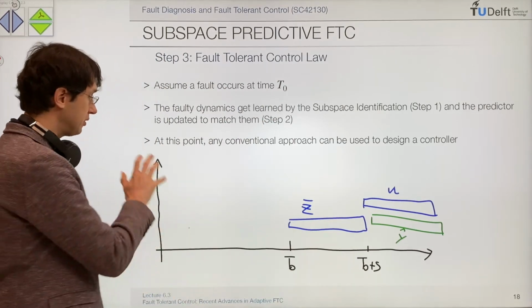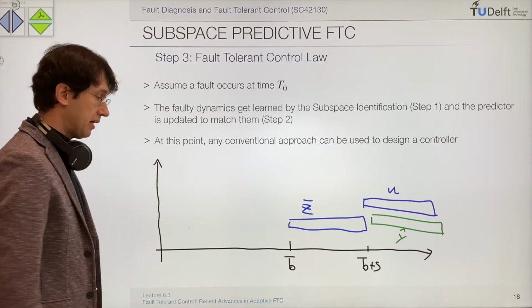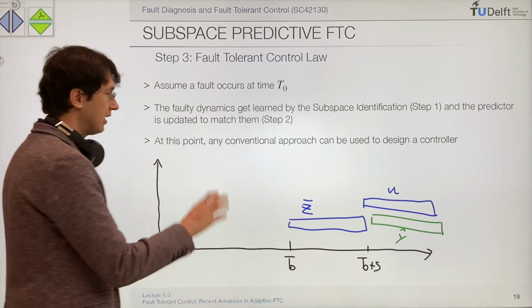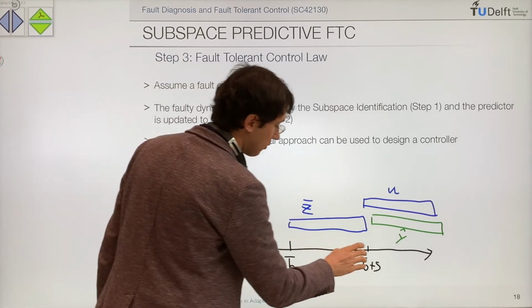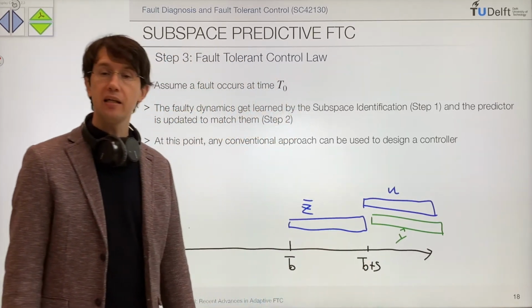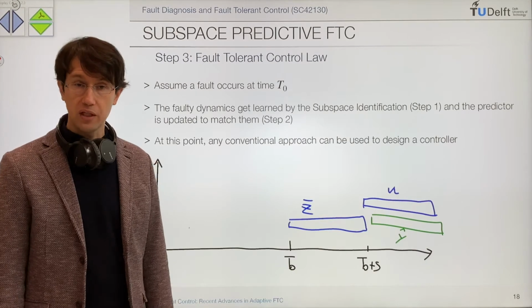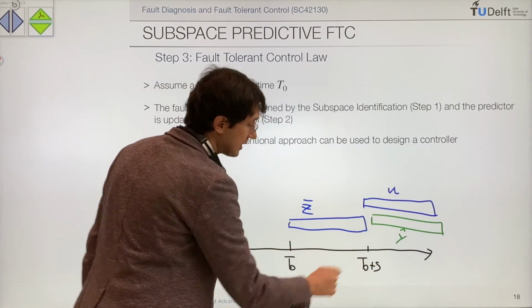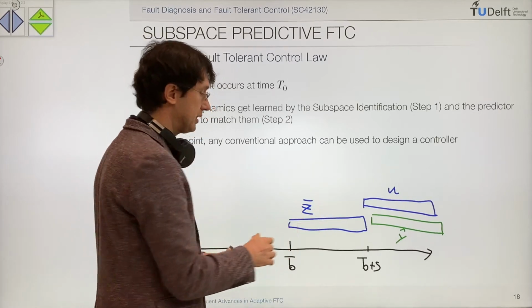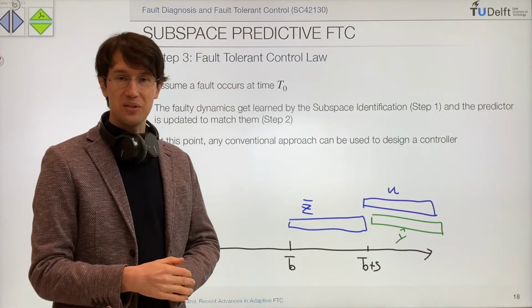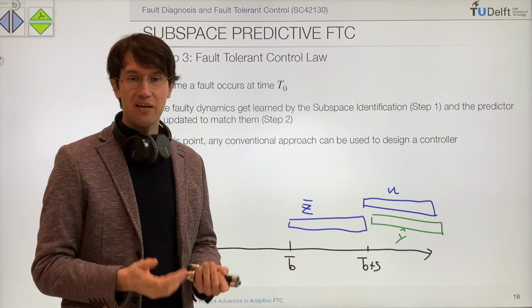But I want to stress one more time, the adaptive approach is going to introduce a delay in the way you accommodate the fault, because you need these s time steps before your time windows are all past the fault. So again, you have this compromise.